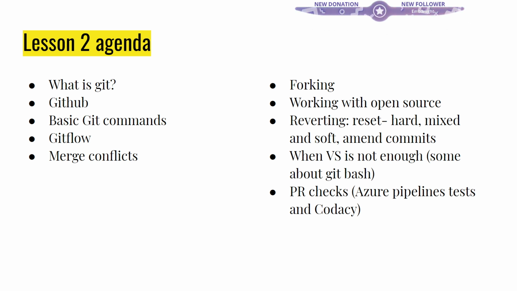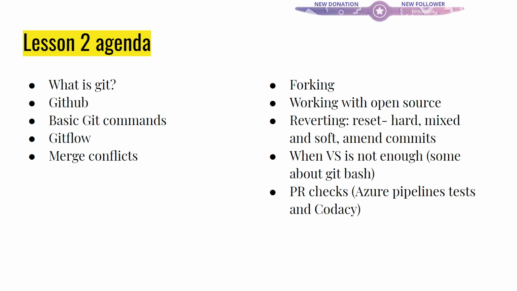So the agenda. What is Git? GitHub. We'll talk about basic Git commands, the Git flow, merge conflicts, how do we solve them. We'll talk about forking or how do you work with open source. We'll talk about how do you fix your mistakes if you messed something up.